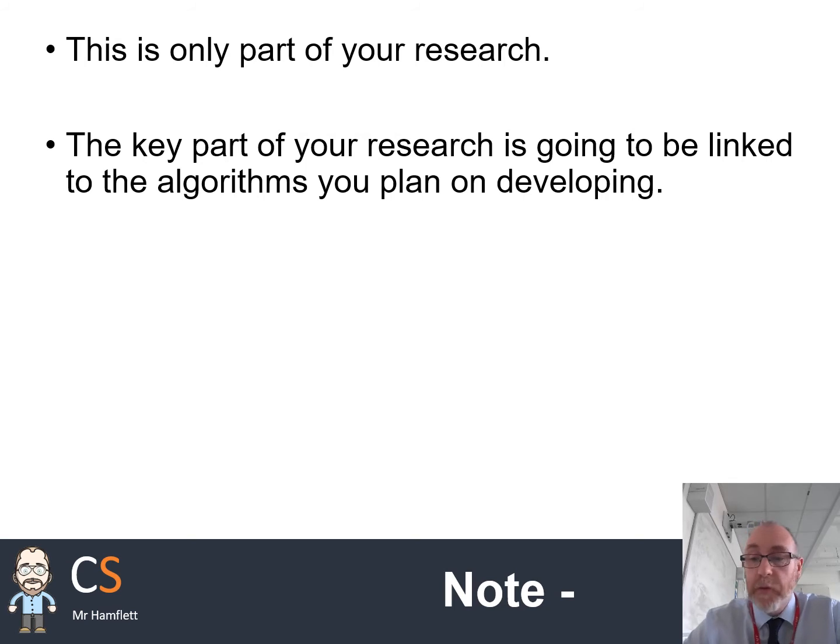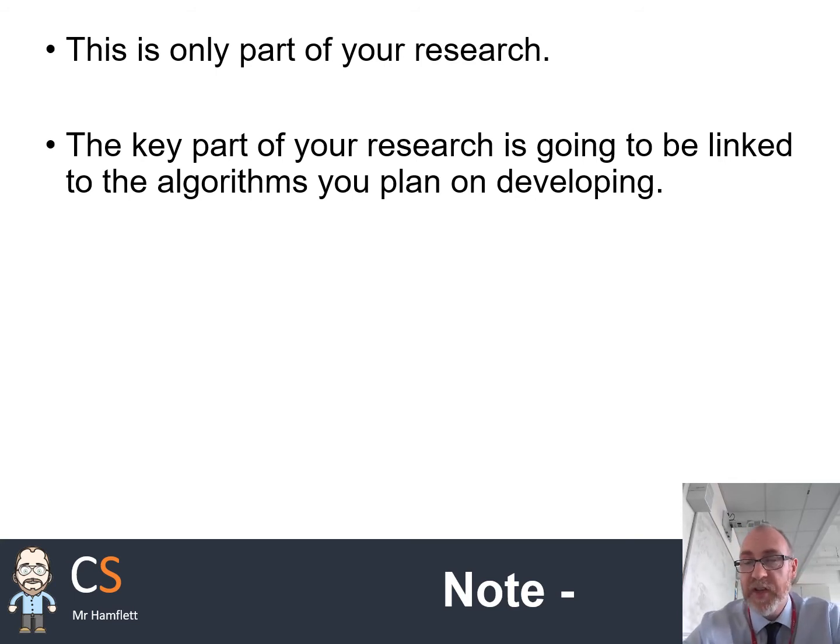So this only forms part of your research. Even though the statement says research the problem in depth, looking at existing solutions, if you read that carefully enough, it says research the problem in depth, not by looking at anything like that, it just says looking at. So research can be other parts of it as well.